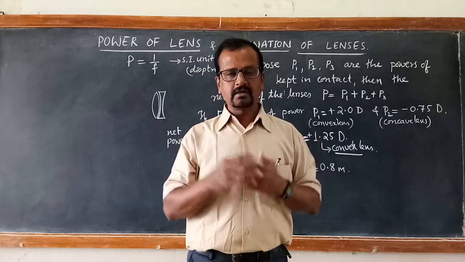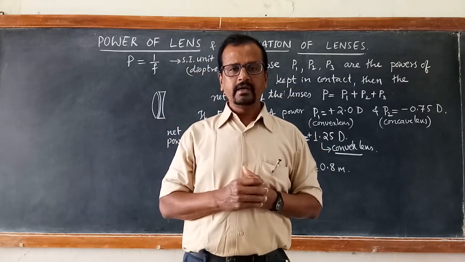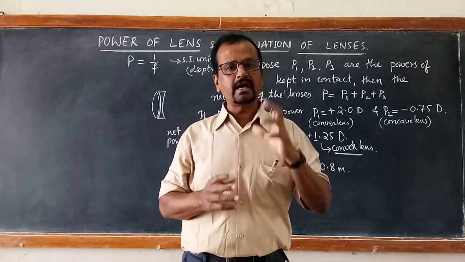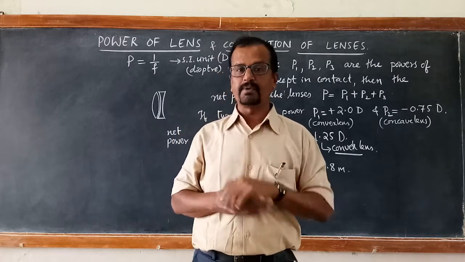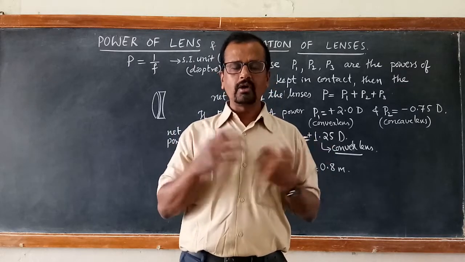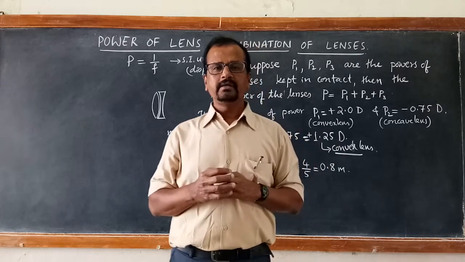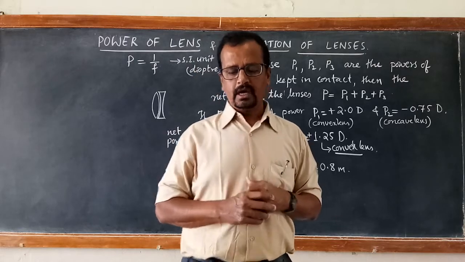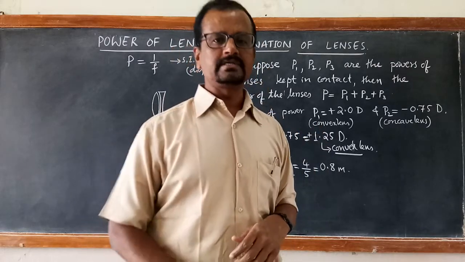Although the goggle which you wear appears to have curved surfaces, it doesn't have any power, it has zero power. A good quality goggle which people wear doesn't have any power. How? Why? How is it so? Although it is having curved surfaces.